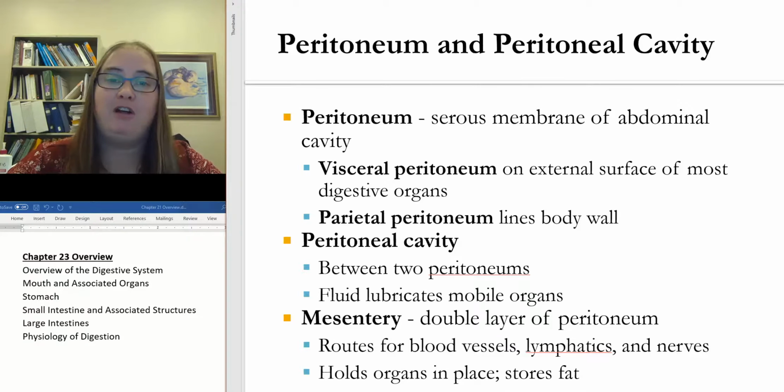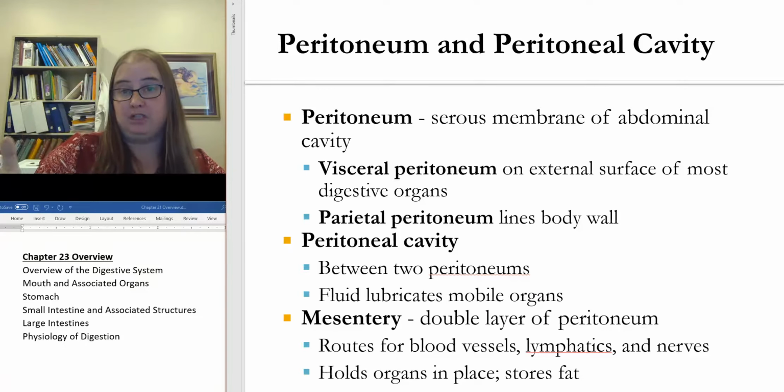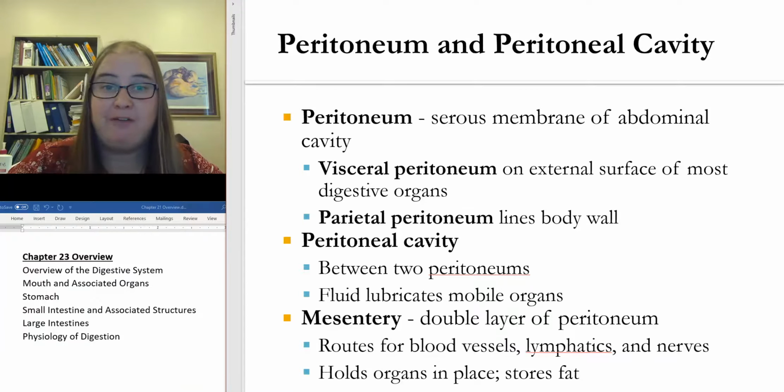So we have our visceral peritoneum, and this is the membrane that will cover the digestive organs. And then we have our parietal peritoneum, and this is the serosa membrane that covers the wall of the abdominal cavity. In addition to that, we have our peritoneal cavity, which is the space that exists between these two membranes of the peritoneum.